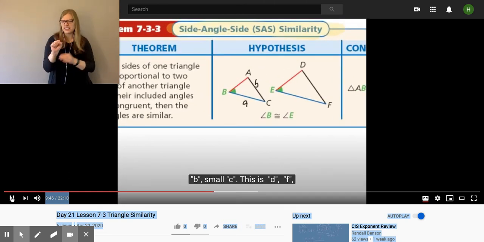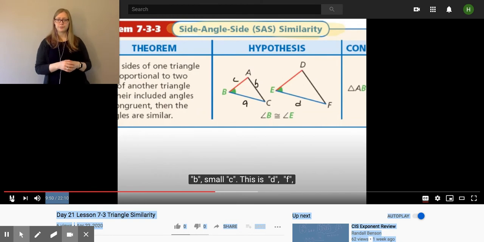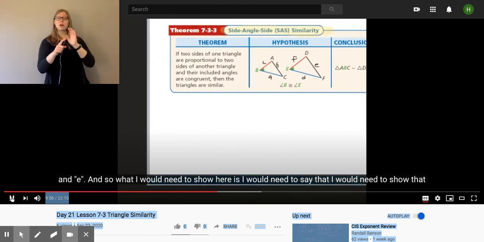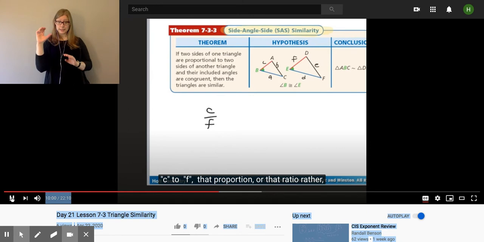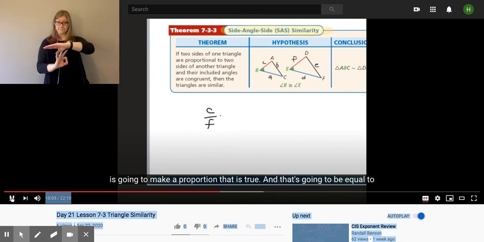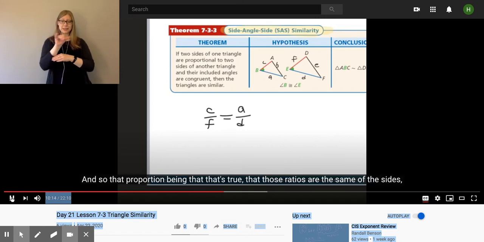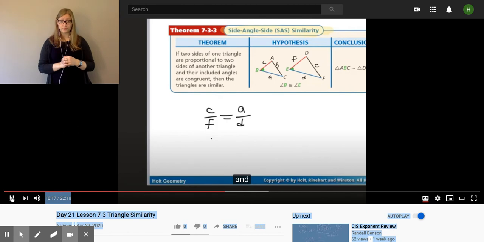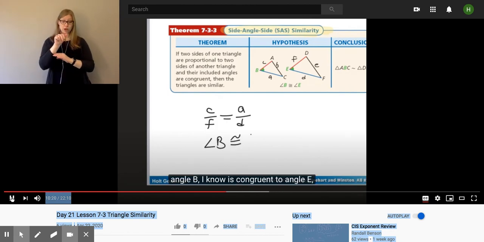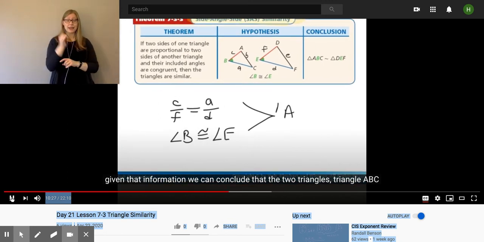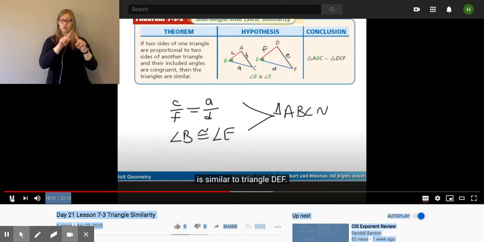So I'm gonna rename the sides like I did last time. I'm gonna say this is A, B, small c. This is D, F, and E. And so what I would need to show here is that C to F, that ratio rather, is going to make a proportion that is true, and that's going to be equal to A over D. And so that proportion being true, that those ratios of the sides are the same, and angle B, I know, is congruent to angle E. Given that information, we can conclude that triangle ABC is similar to triangle DEF.